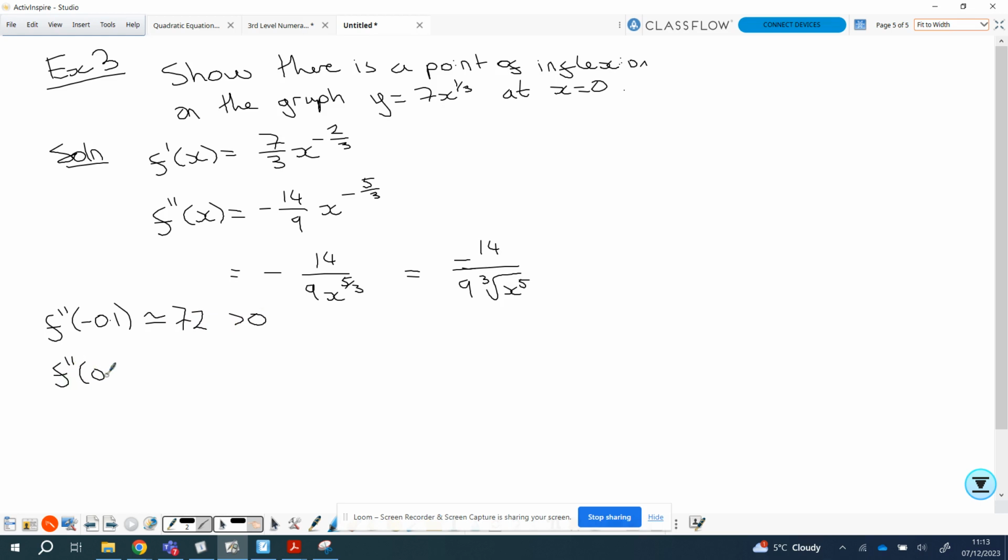If I then sub in 0.1, you end up with something very similar to negative 72. Again, the main thing is it's less than 0. So therefore, we are proving we've got a change of sign, which means we have a change of concavity.